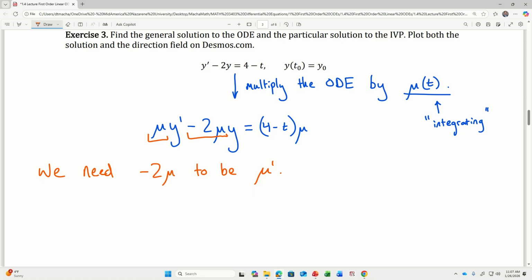Because the product rule says I need a function times y prime plus the derivative of that function times y. That way it looks like the right-hand side of the derivative product rule. That way we can reverse the product rule. That way we can do it like we did before.